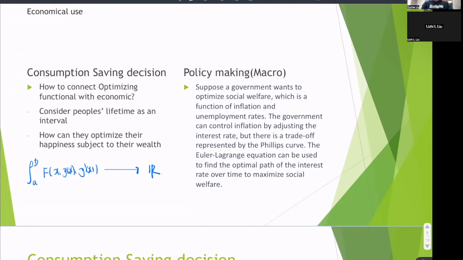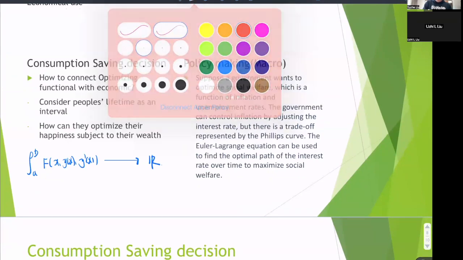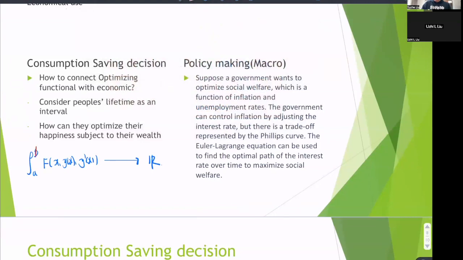How can we understand this? How do we put this into an economic view? For the interval, we can consider people's human lifetime as an interval, for example. We consider our lifetime, say we can live from time A to time B, and how do we optimize my happiness subject to my wealth?